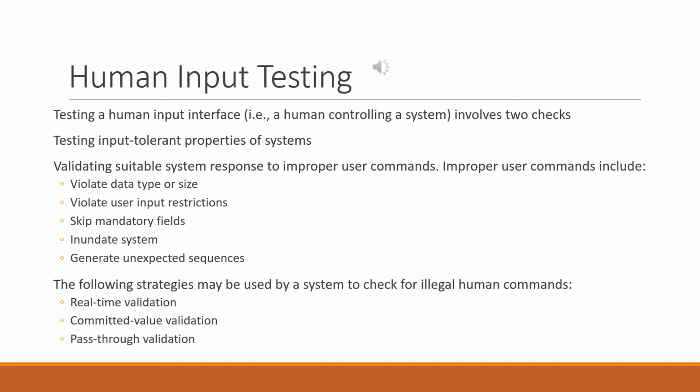Otherwise, the system issues an exception. And last, pass-through validation. After the user has filled out an entire form and commits the entry by pressing a carriage return key, the system checks all the fields in the form at once and issues an exception for the invalid fields.